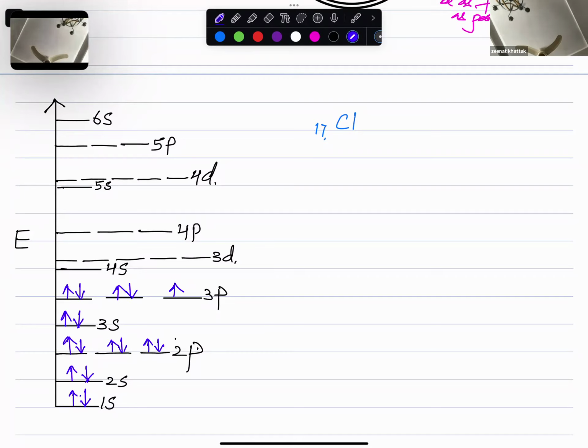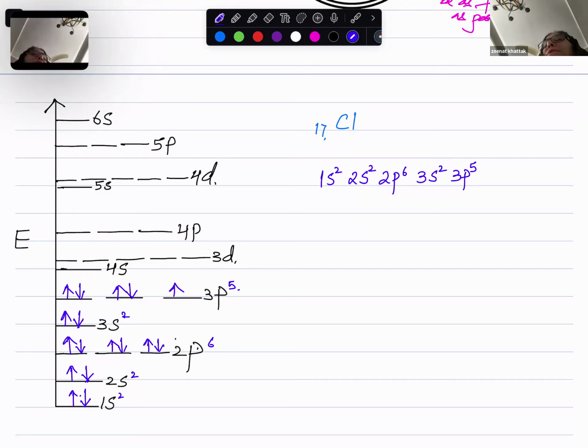So how will you write? 1s2, 2s2, 2p6, 3s2, and 3p5. 1s2, 2s2, 2p6, 3s2, 3p5.